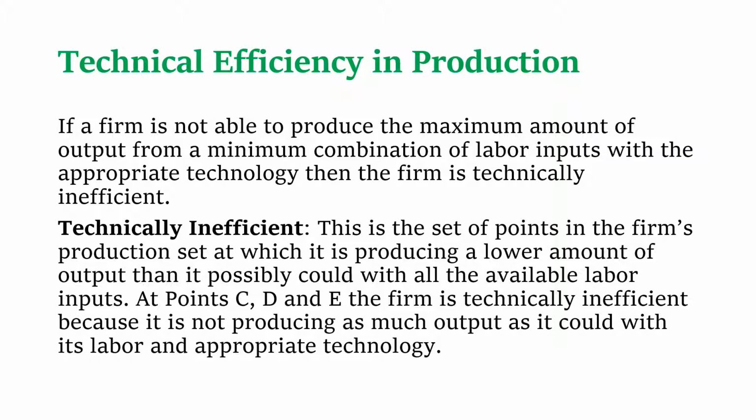So we see all the points C, D, and E say the farm is technically inefficient because it is not producing as much output as it could with the labor and appropriate technology.